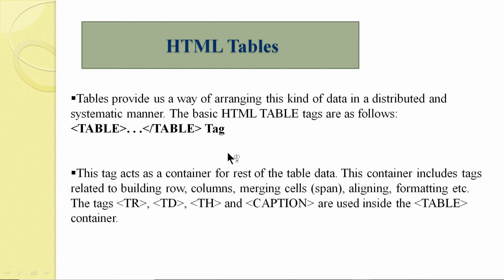The table tag we call a container for the rest of the table data. This indicates that inside the table tag we will have other tags to insert a row or to enter data into a cell. It can be a heading for a table or even a caption for a table. All these tags will go inside the table tag.